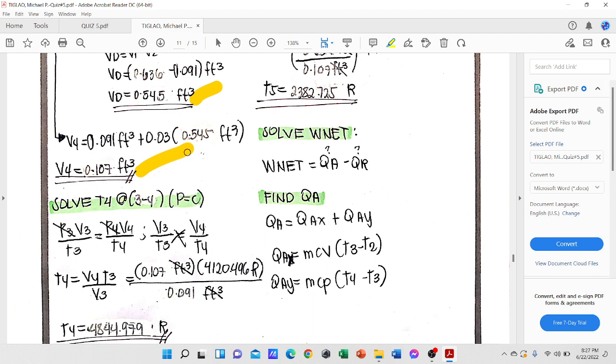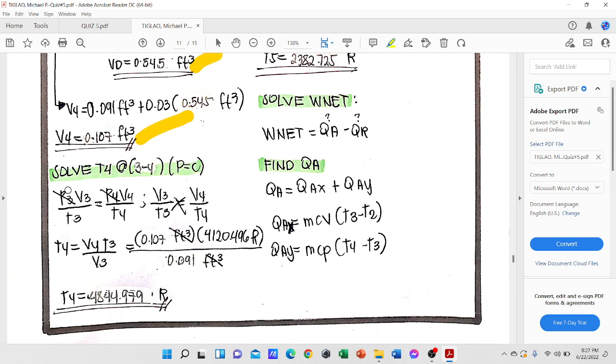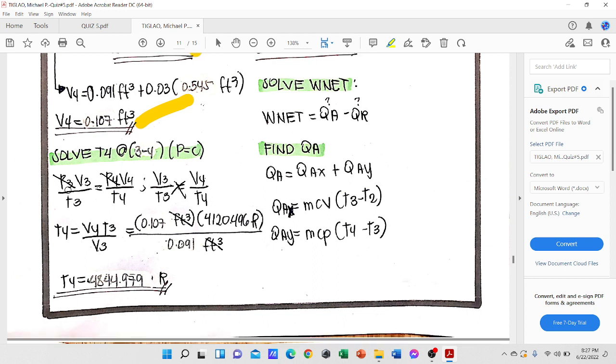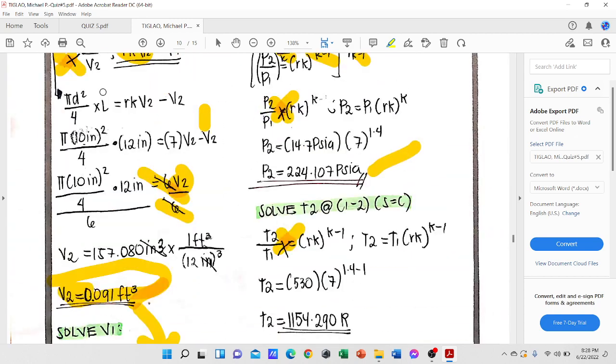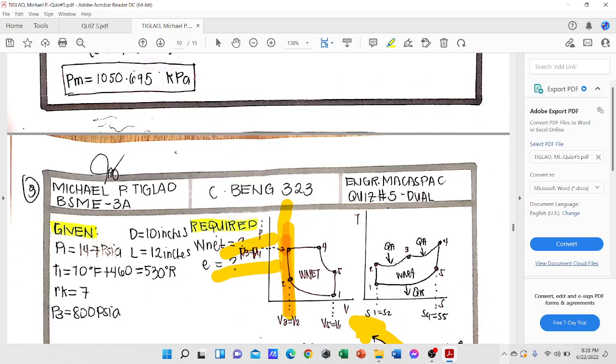Then, next, let's get temperature 4. For temperature 4, I used process 3 to 4, in which pressure is constant. To get temperature 4, I used the PVT formula, or the combined gas law. Since process 3 to 4 is constant pressure, the pressure cancels. We can see in the PV diagram that 3 to 4 is constant pressure.